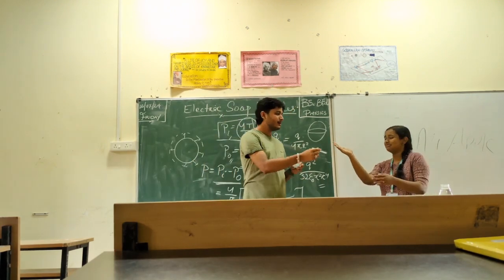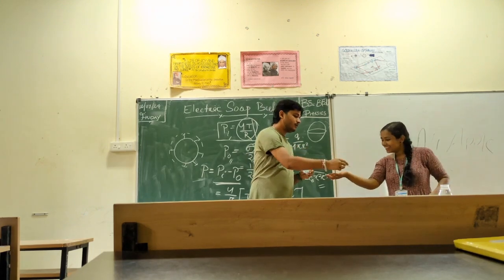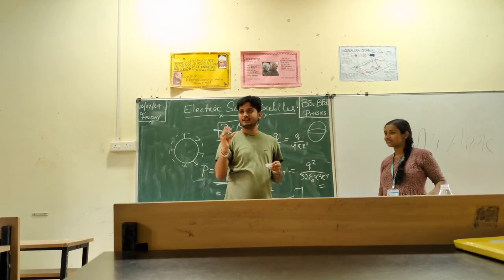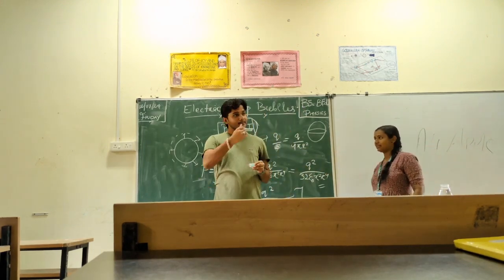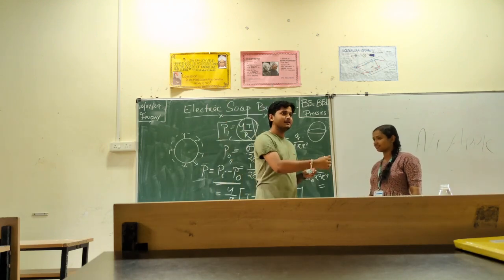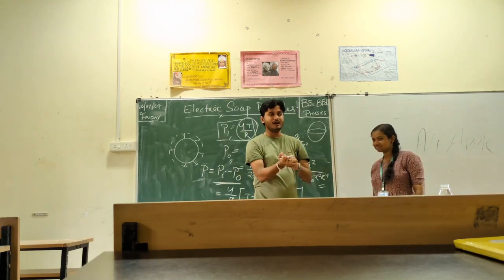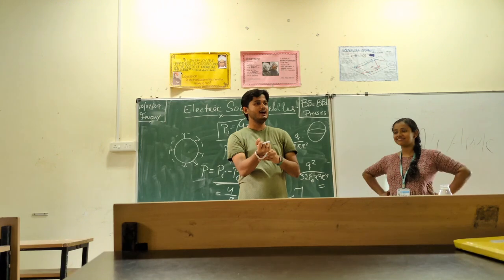Oh, it's like this. But why is the bubble crossed? Why? Because the outside pressure, this much pressure, didn't hold that bubble.